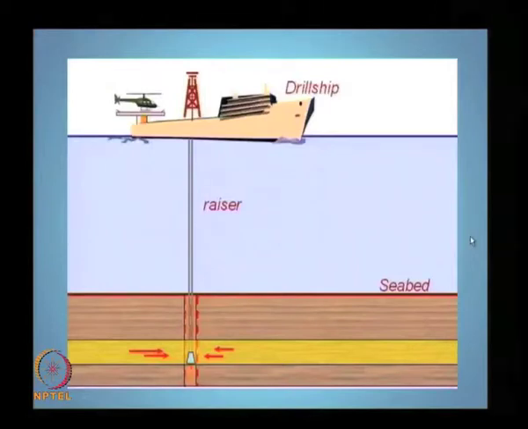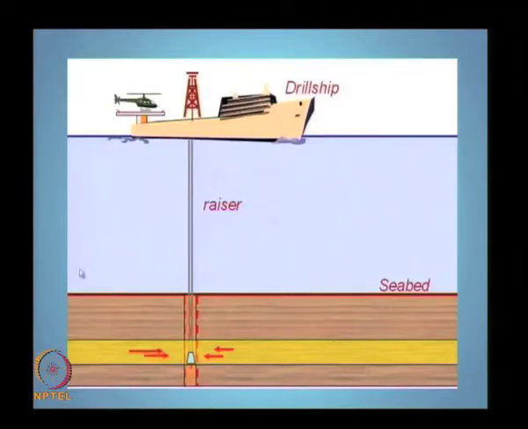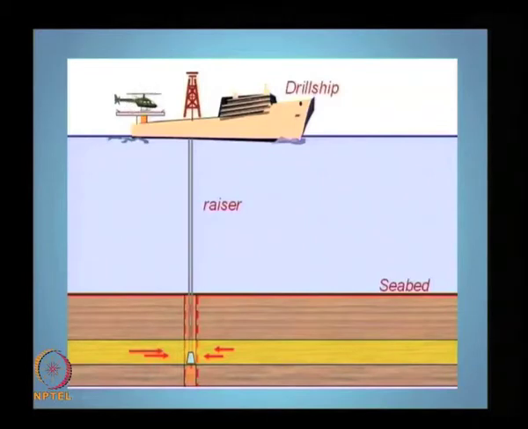This is another typical figure which shows how the drilling operation is carried out in a drill ship. You can see here the red line shows the seabed. These are the drilling risers. This is where the hydrocarbon flow happens through the drilling bit. This is the helipad, which enables helicopter launching on the drill ship.